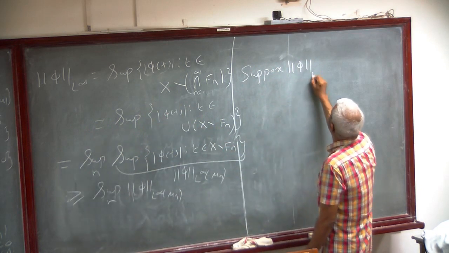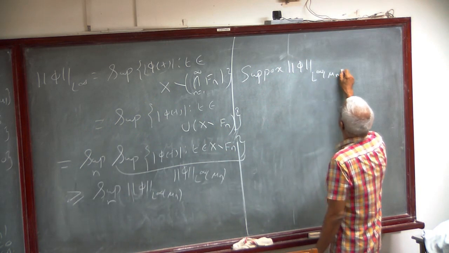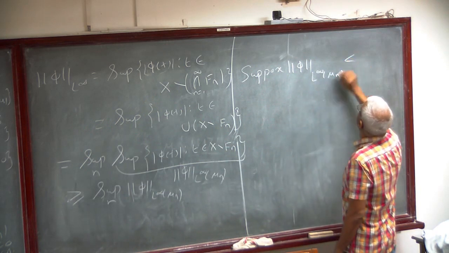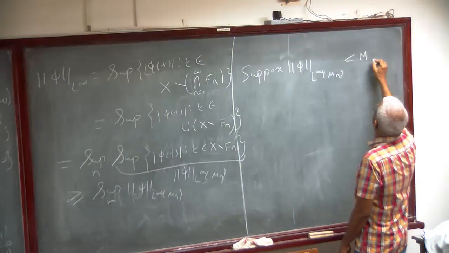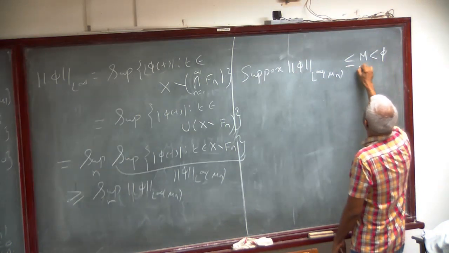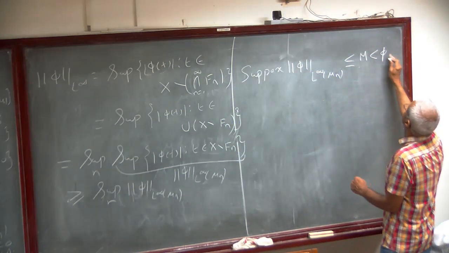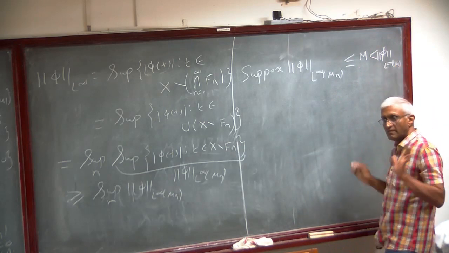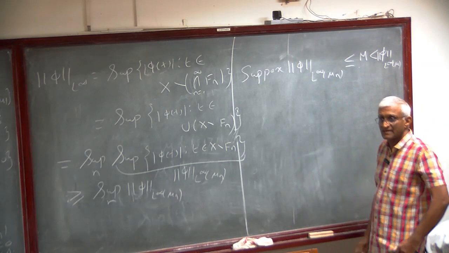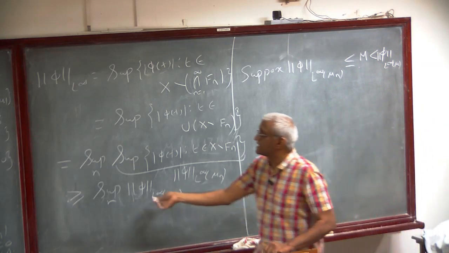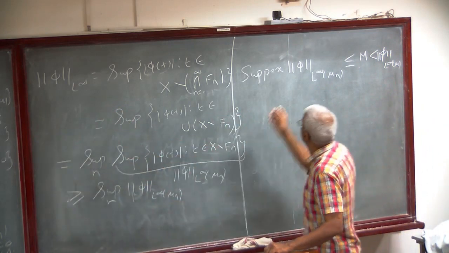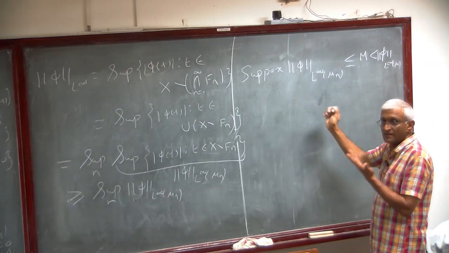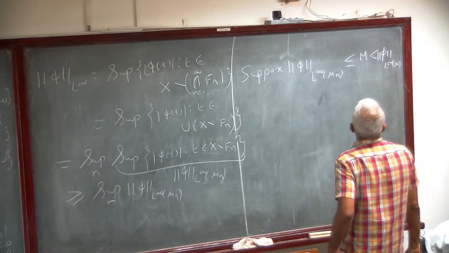That means the supremum of the L infinity norms of mu n is strictly less than some m, where m is less than or equal to the L infinity norm of phi. If not, then there exists an m like this. Suppose this is true.